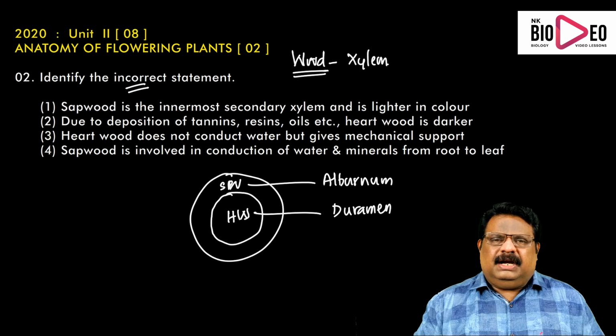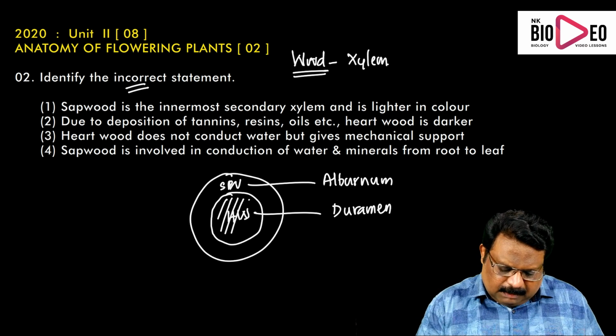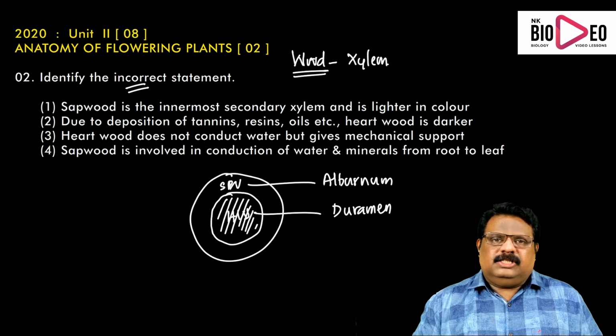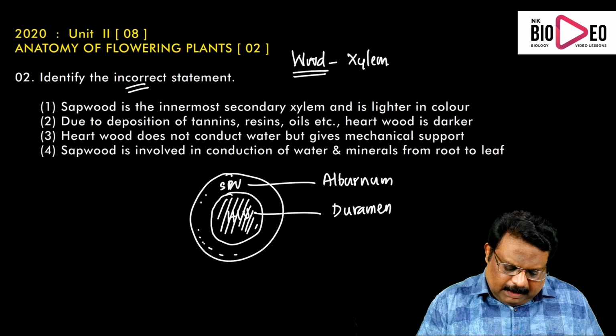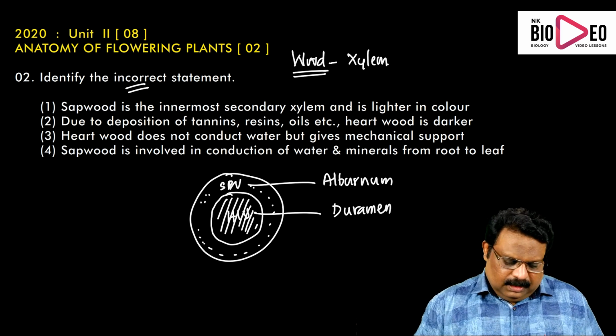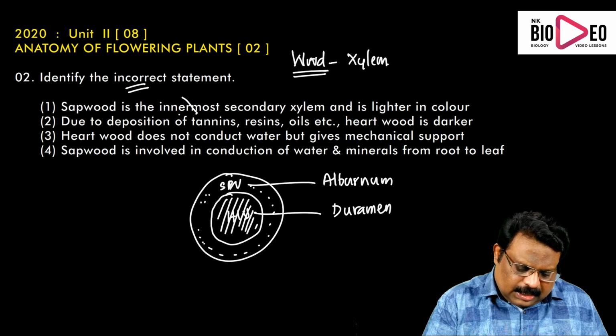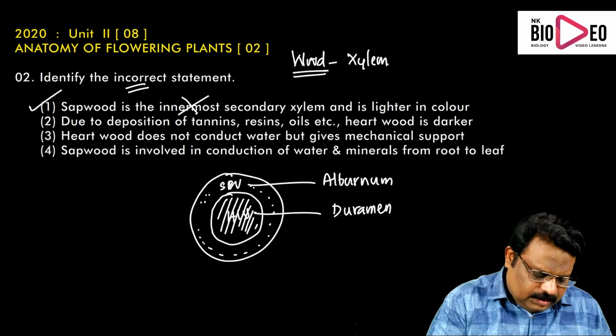The heartwood is dead, thick and dark in color. That provides mechanical support. The heartwood is dead, so it is not conducting any water or minerals. The water and minerals are conducted by what? The sapwood. They are light in color, and live also. So the statement that sapwood is the innermost secondary xylem is wrong. Sapwood is the outermost one. So that is the answer.